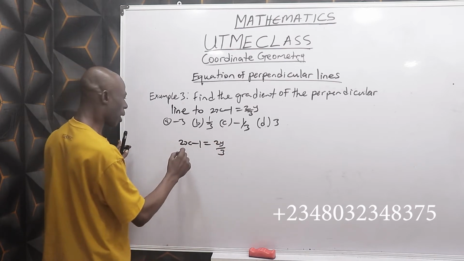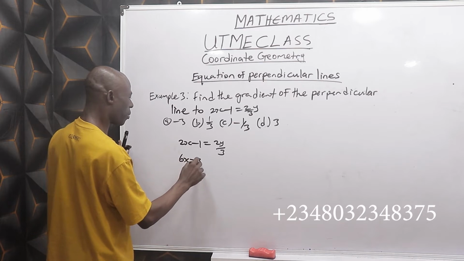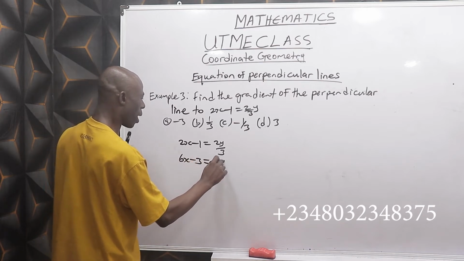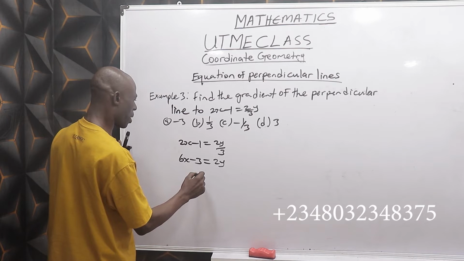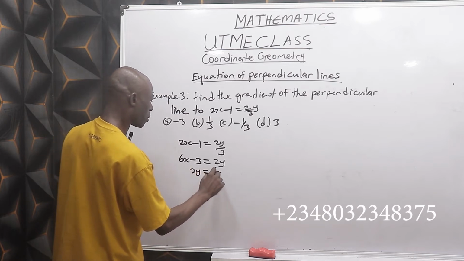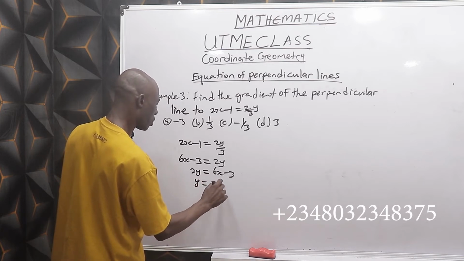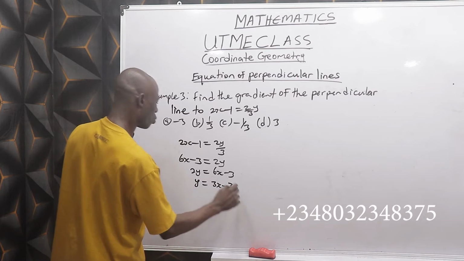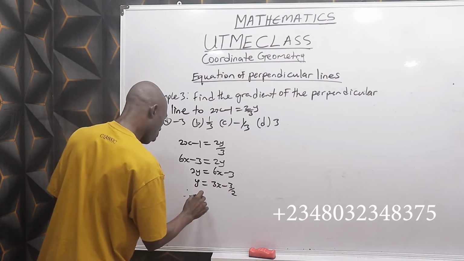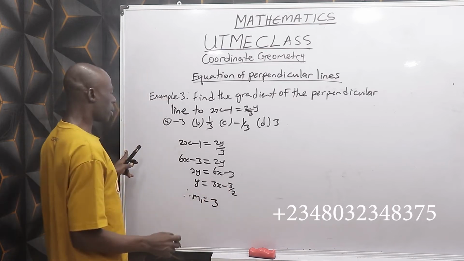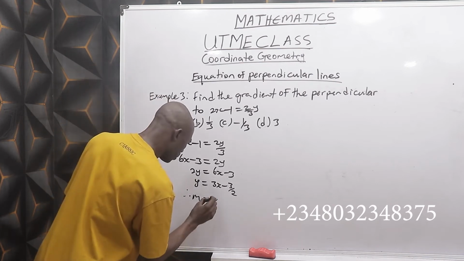Clearing the fraction, we have 6x minus 3 equals 2y. Making y subject of the formula, 2y equals 6x minus 3, y equals 3x minus 3/2. Therefore, m1 equals 3. The gradient of this function is 3.